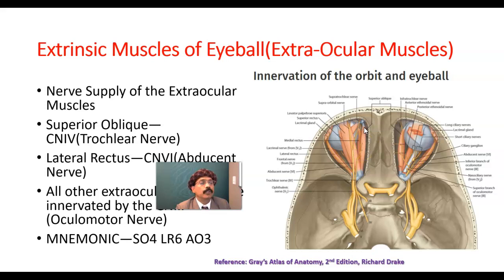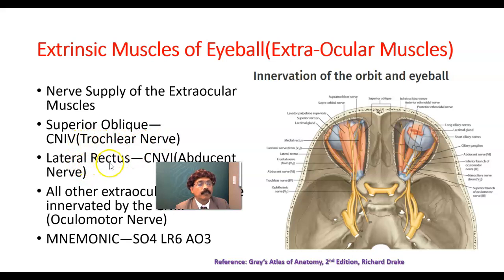The muscle fiber has a pulley, the trochlea, then it goes posterolaterally in an oblique course. It inserts on the posterior superior aspect of the lateral part of the sclera, and its innervation is by the trochlear nerve.